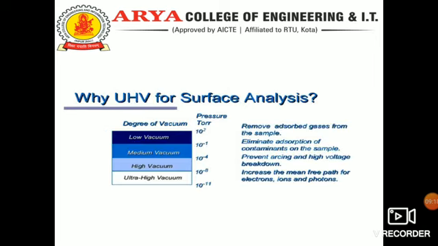Then why we use UHV for surface analysis? Because this removes adsorbed gases from the sample and eliminates adsorption of contaminants on the samples, prevents arcing and high voltage breakdown, and increases the mean free path for electrons, ions, and photons.